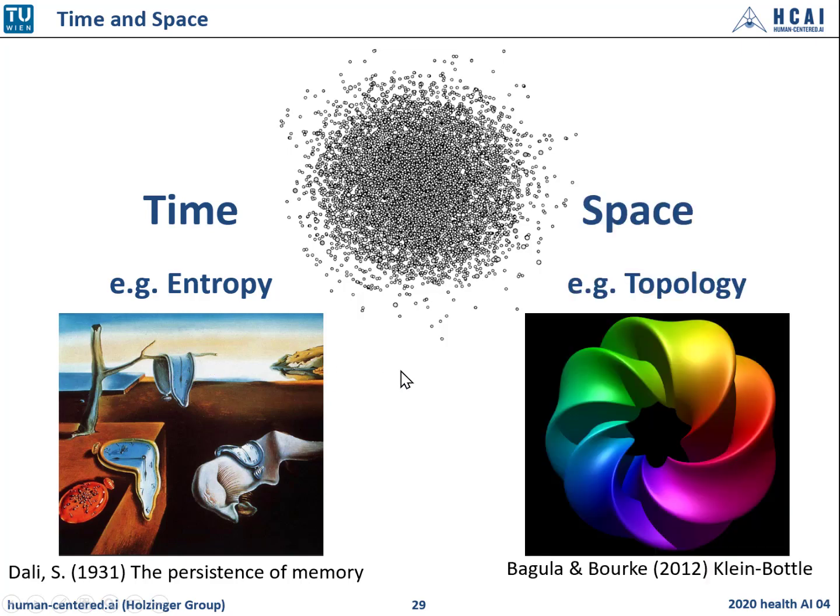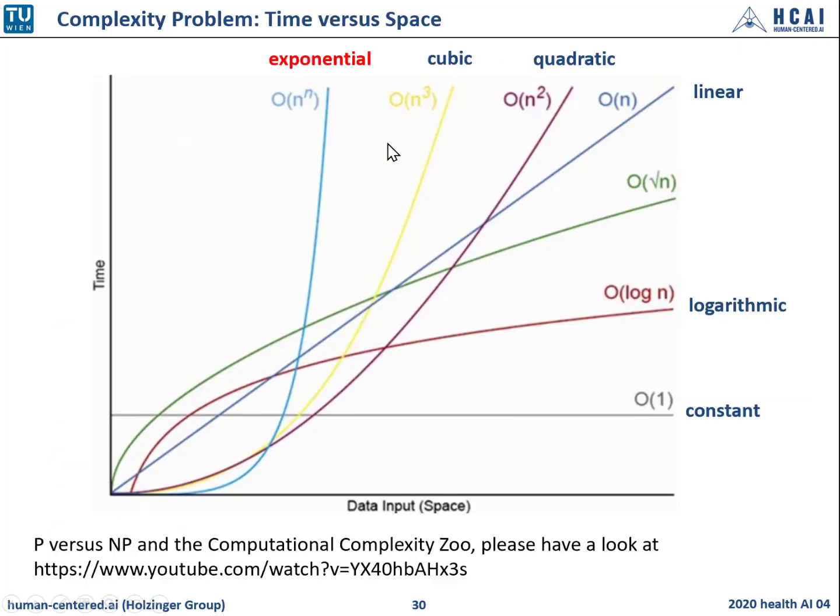And on the right side, you see a representation for space, topology, for example. So a Klein bottle, this is a typical synonym for algebraic topology. And you see time and space, the two, are very interwoven, because we quickly can come to the complexity problem.